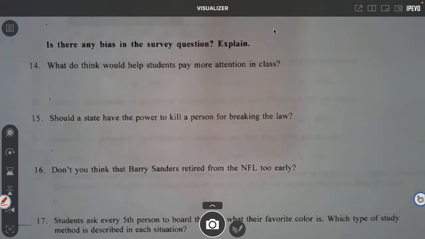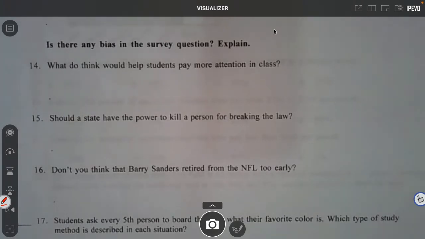Number 15, we said yes, there's bias. It's a loaded question, or it has harsh words, or something like that. They said you should use capital punishment instead of kill. I mean, you don't have to say that part, but that's just how they were explaining.